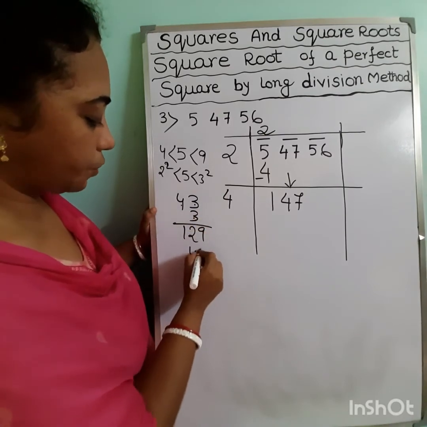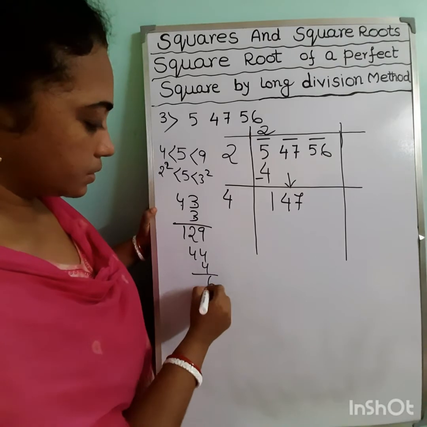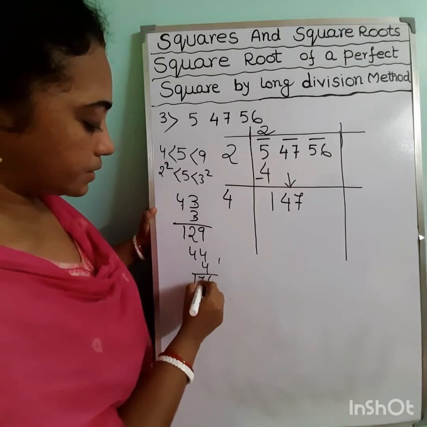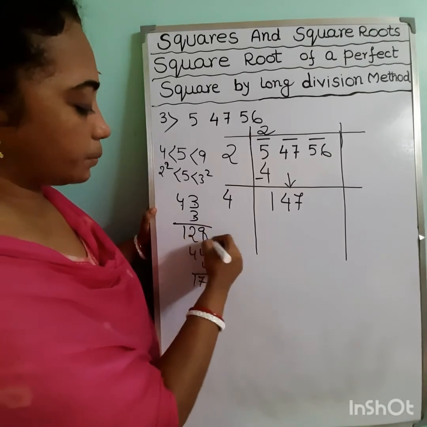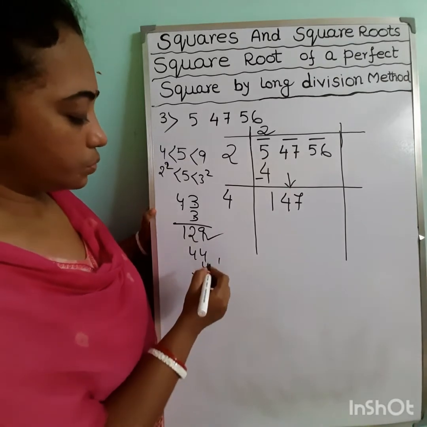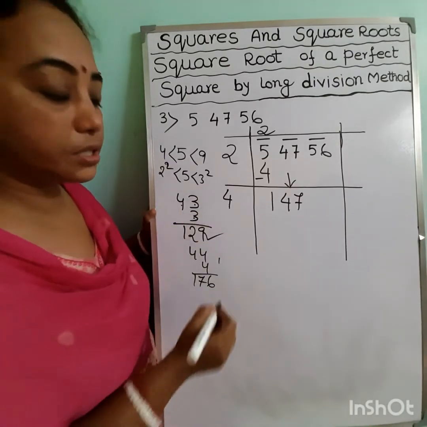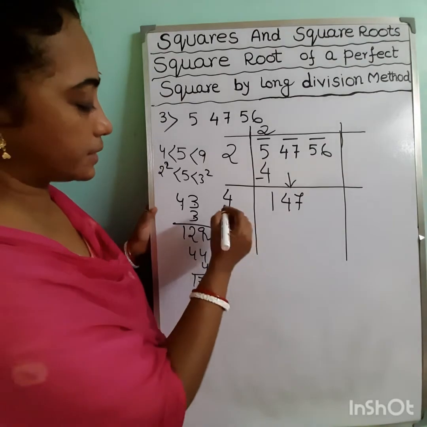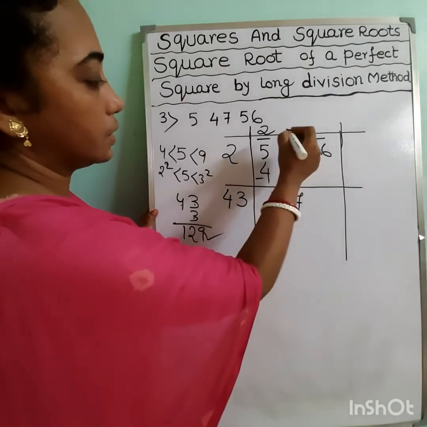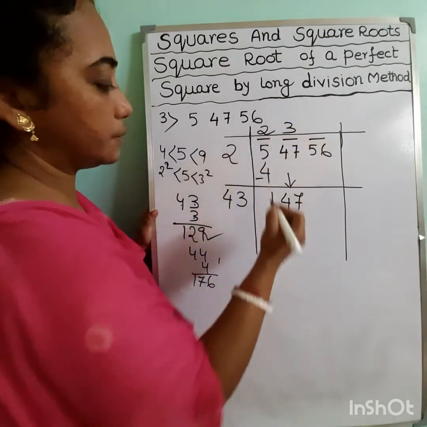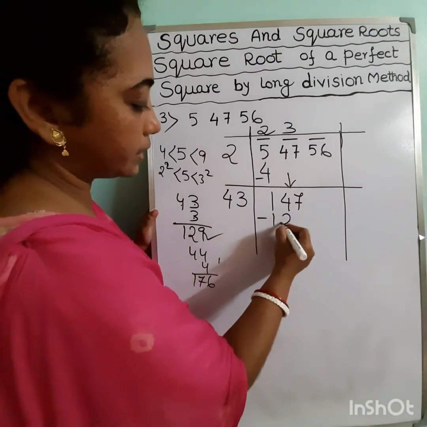Then if we try 4: 4 4s are 16, then 176. So we take 3 as the new digit on the right side of the new divisor, and in the quotient also we take 3.